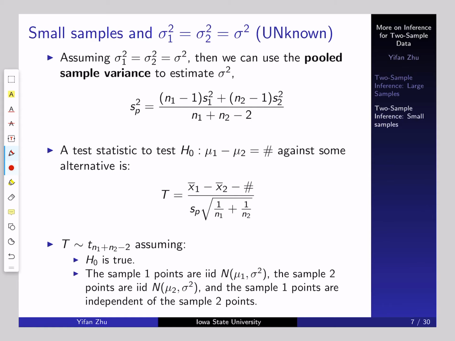This is a common assumption you need when you do a two sample test. That is, the true variances of these two populations, sigma 1 squared and sigma 2 squared, are the same. So they are all equal to a number called sigma squared.